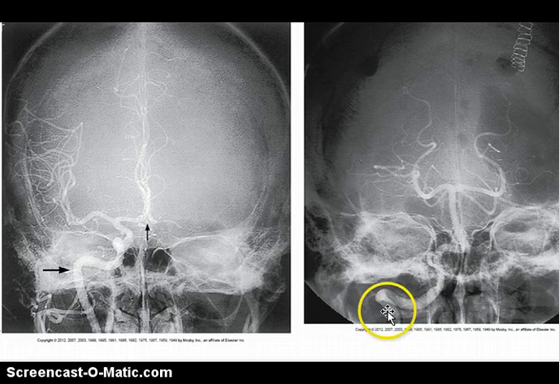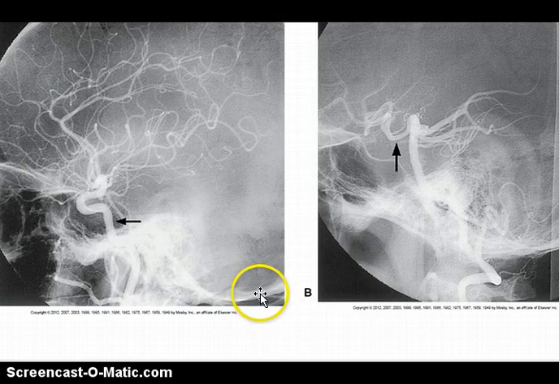Then here is a vertebral artery, and again we can see that it comes up, it joins with the basilar, and then bifurcates into right and left posterior cerebral. And again, this circulation is on both hemispheres, where this circulation stays on just one hemisphere. Here is a comparison of both arteries in a lateral projection.